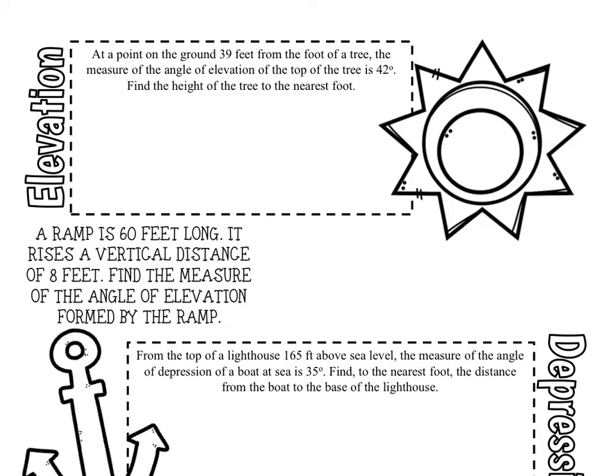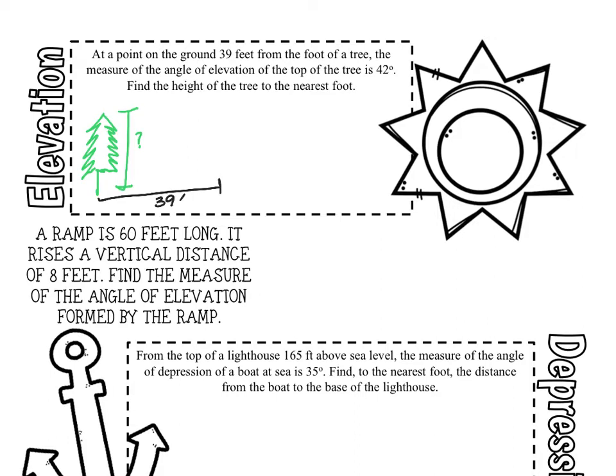All right, so I have a tree. Don't make fun of my tree too much, okay? Okay, there's my tree. I have no idea how tall my tree is. But I do know that the distance from my tree is going to be 39 feet.